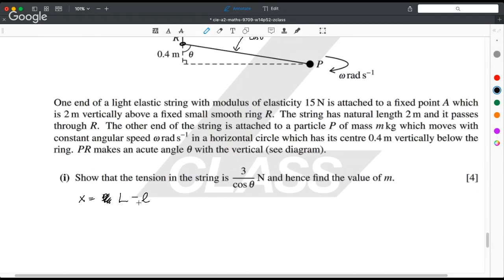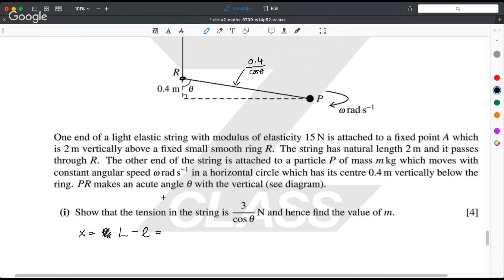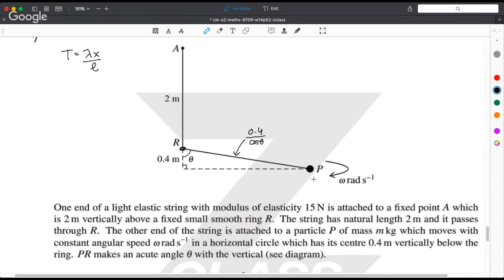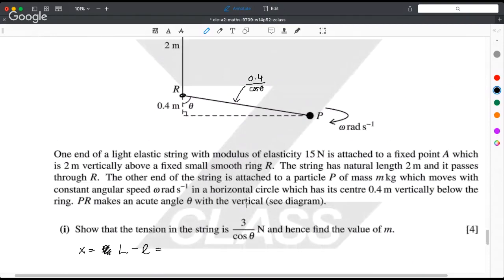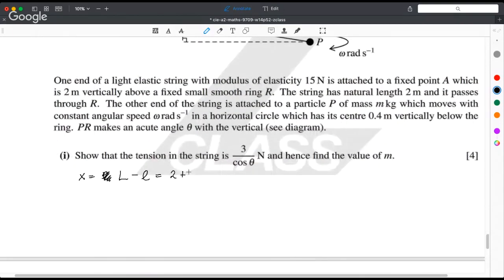The big length is equal to this vertical length plus this slanted length. So that's 2 plus 0.4 over cosine theta, minus the natural length, which we're told is 2 meters. So x is just 0.4 over cosine theta.